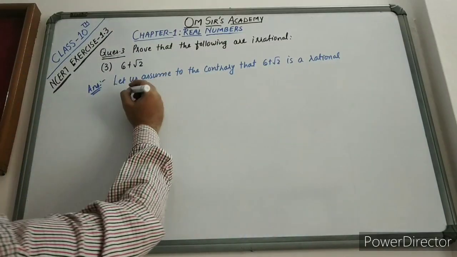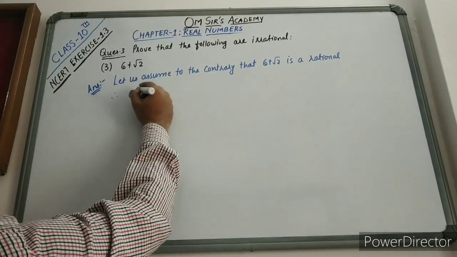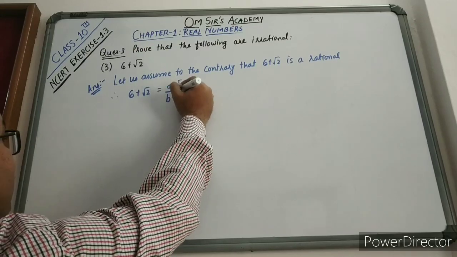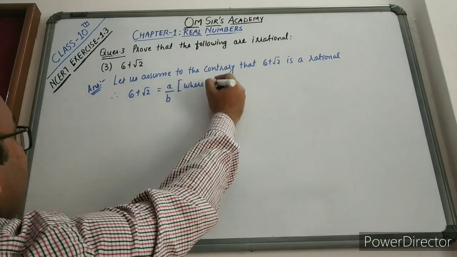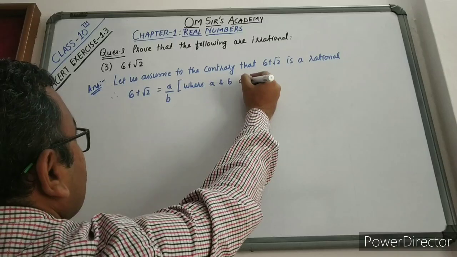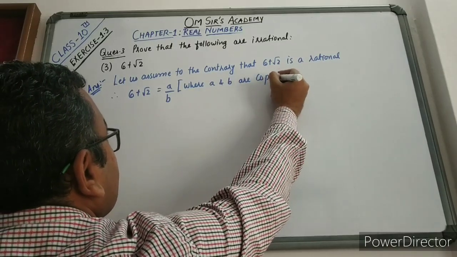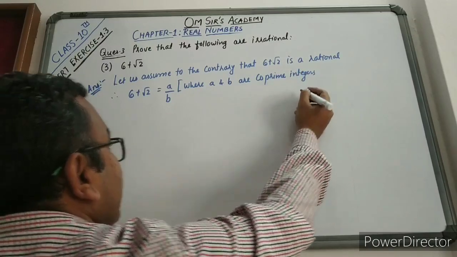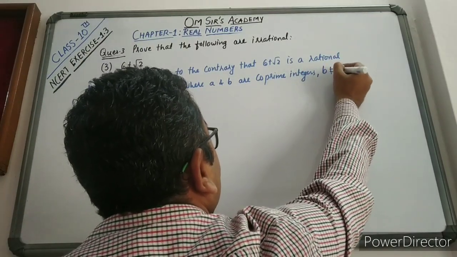This whole is rational. So therefore we can write 6 plus root 2 is equal to A upon B, where A and B are co-prime integers.